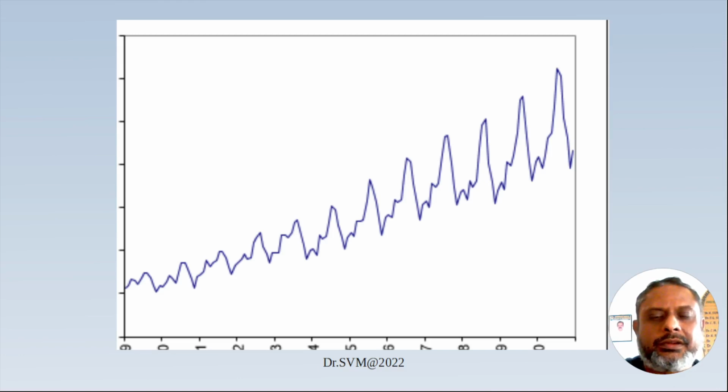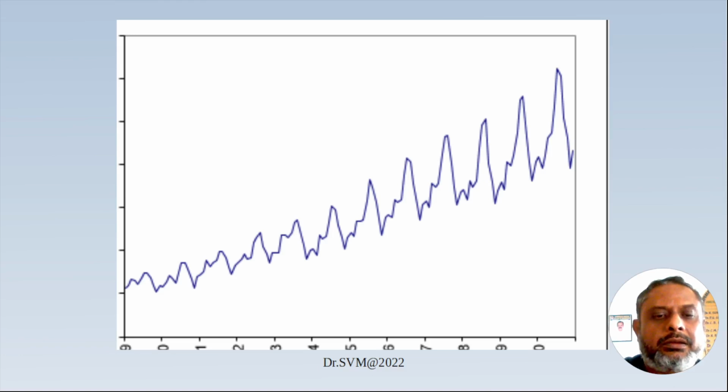The first data will be the first, the second data will be the second. You can't just move them as we wish because they are in increasing time. So we need to use the data as it is. So that's a time series.